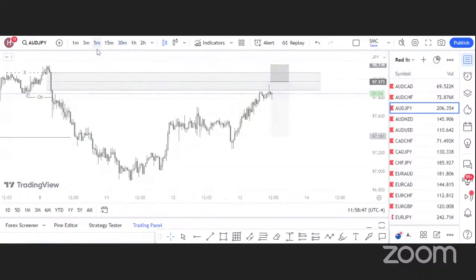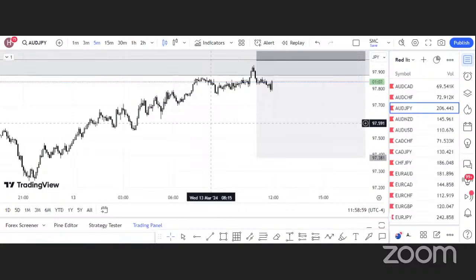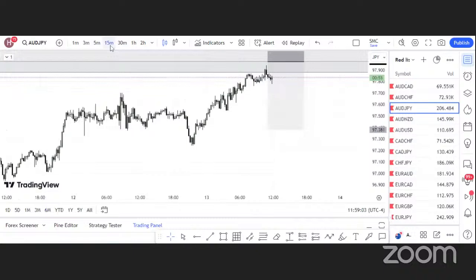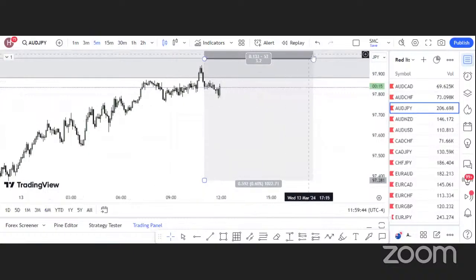Let's go to the lower time frame and watch the trade from there.